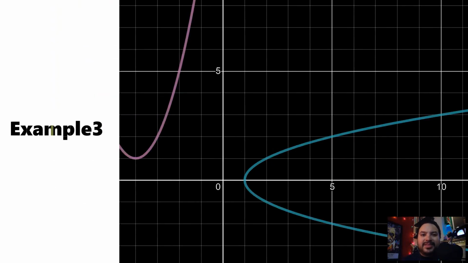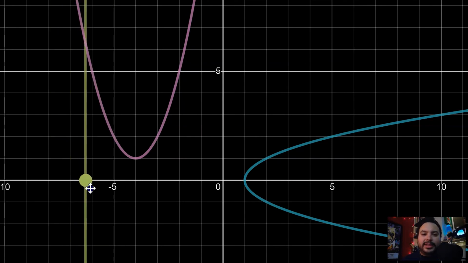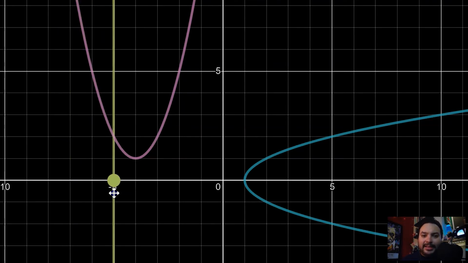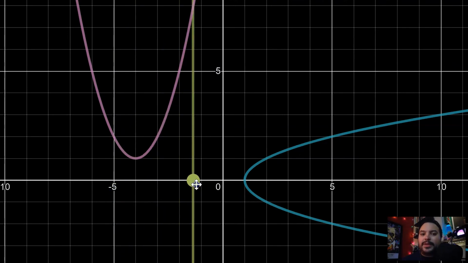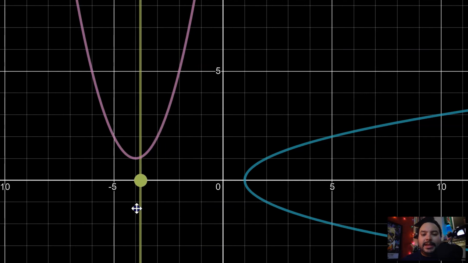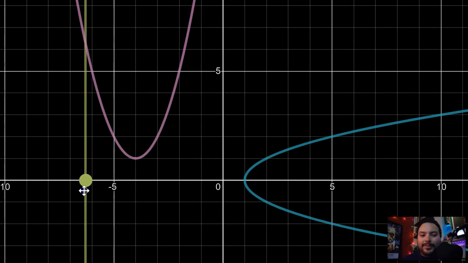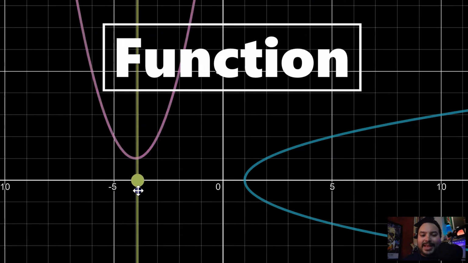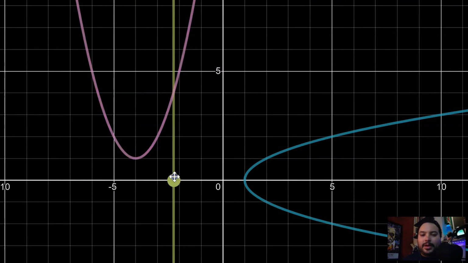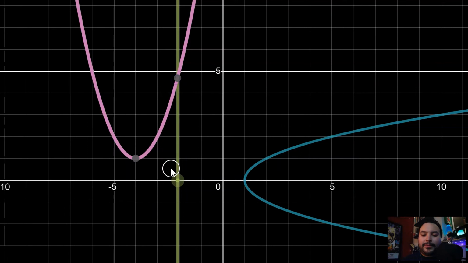So now let's compare this pair of relations. Starting with this pink graph, I can also use the vertical line test on not just a collection of points, but a full-fledged curve here. As you can see, no matter where I cross my vertical line, it's only ever intersecting with one point at a time on this particular graph.